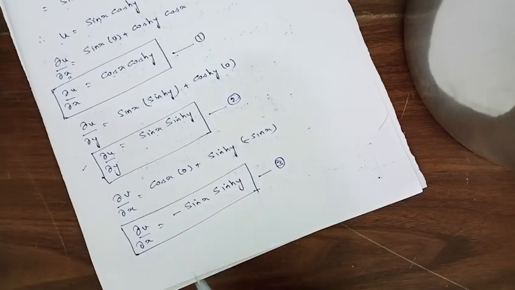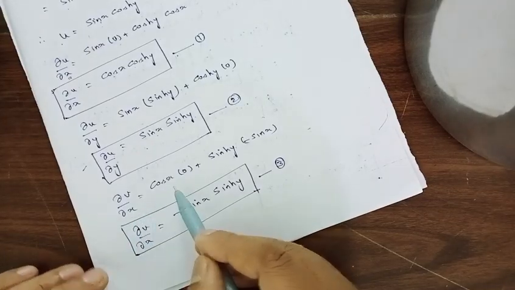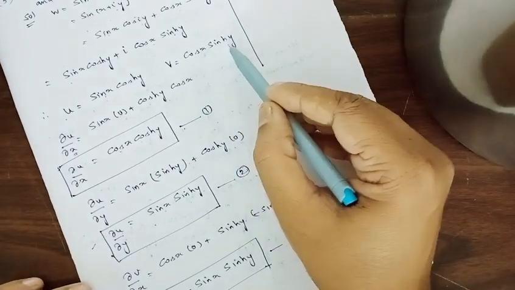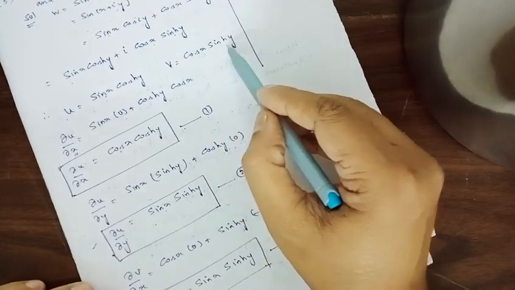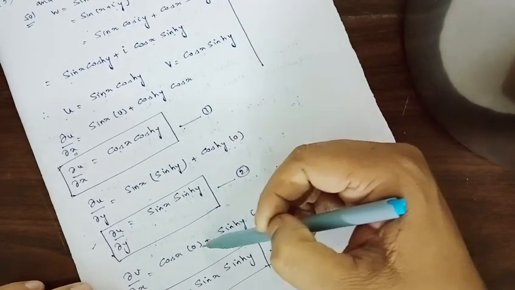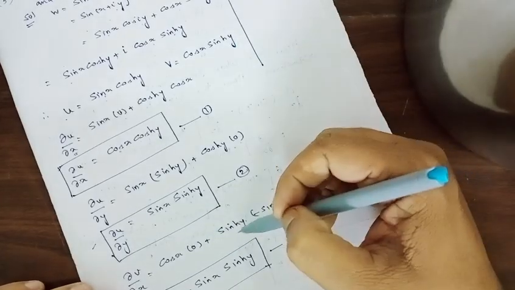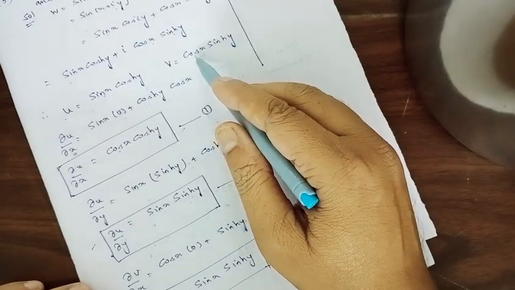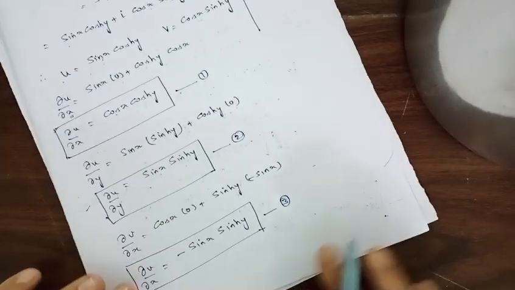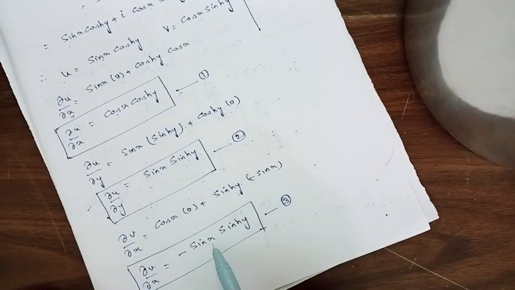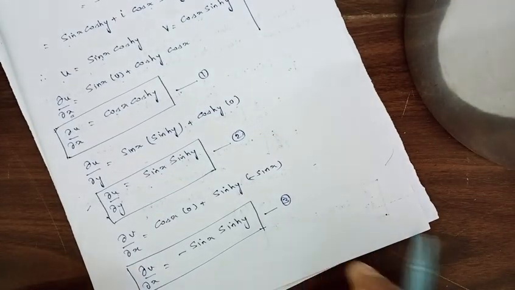Now you should find dou v by dou x in a similar manner. v is equal to cos x sinh y. So dou v by dou x means first function, this is the y term, so it becomes 0, plus the second function sinh y, and the derivative of cos x is minus sin x. So dou v by dou x is equal to minus sin x sinh y.